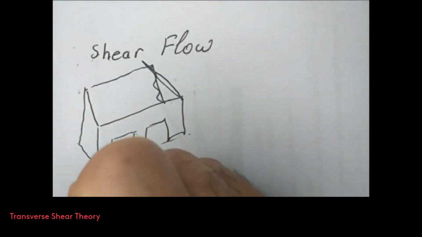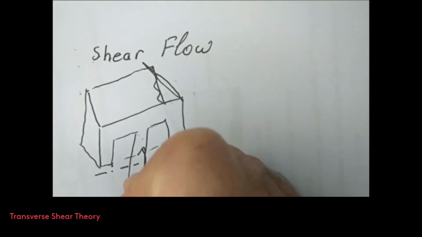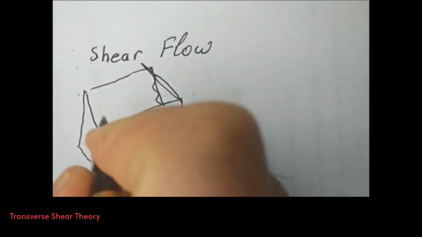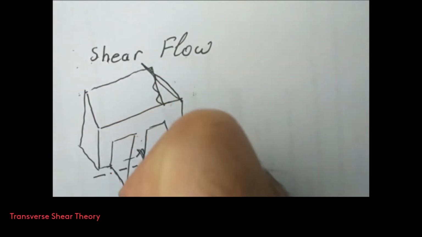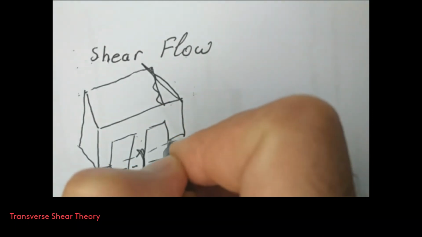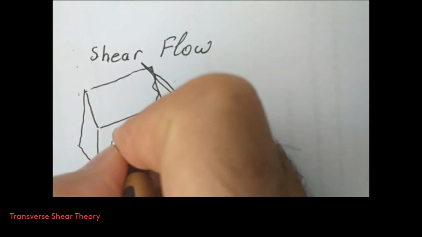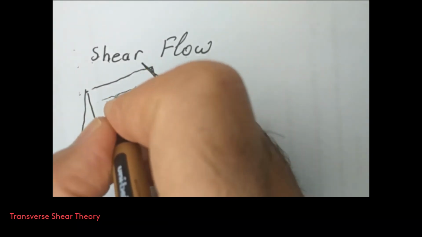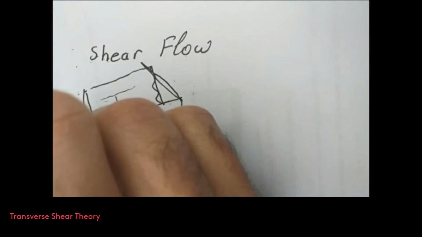So neutral axis is somewhere here, so we have M plus dM, and on the other side we have M as a bending moment.